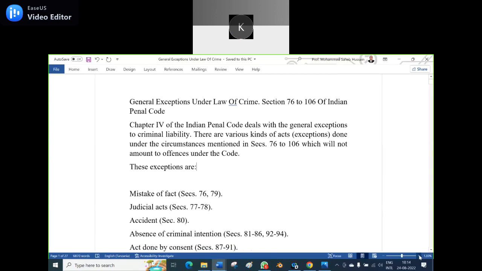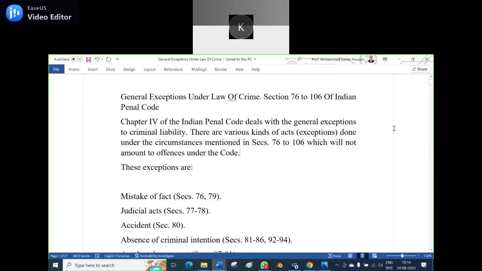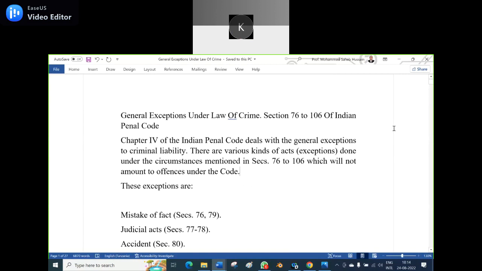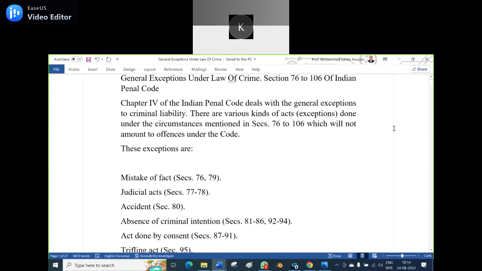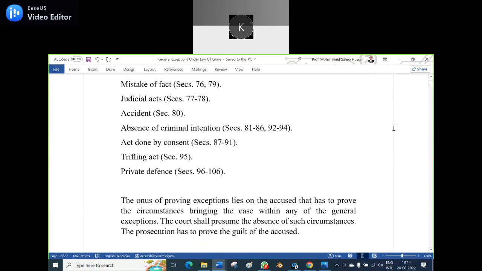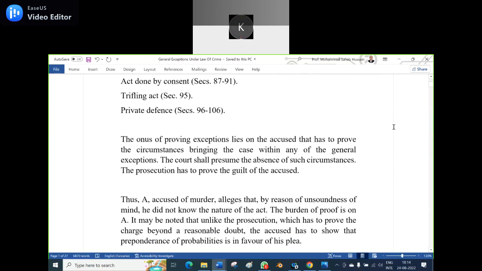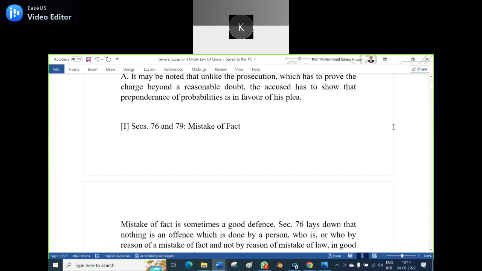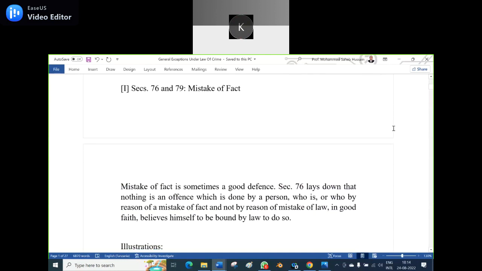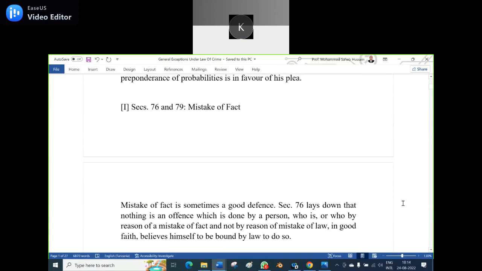Sir, general exceptions under the law of crime are from section 76 to 106. Of course, we have already discussed section 106, which is private defense. We shall start from 76. That is 76 and 79, mistake of fact. The second one is judicial act, sections 77 to 78.